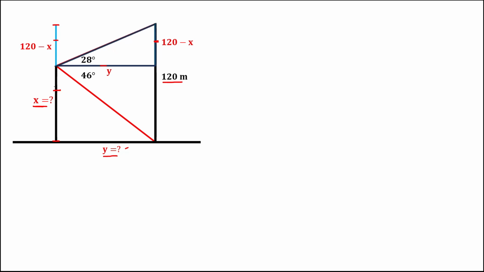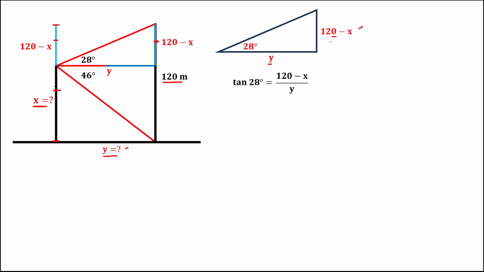Then using now this right triangle, this side is y, this side is 120 minus x. Then we have now the angle, that's 28 degrees. From this right triangle, this is the opposite and the adjacent. So using the tangent function, tangent 28 degrees equals the opposite, that's 120 minus x, over the adjacent, that's y.